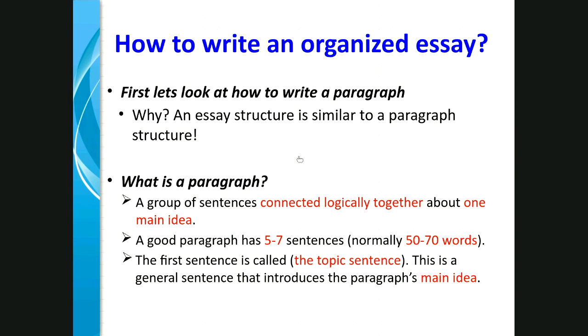So it just goes in a linear order of thoughts that is connected together about one point, or about one main idea. A good paragraph has about 5 to 7 sentences, and this is normally between 50 to 70 words, and it could go sometimes up to 90 words. So this is the standard paragraph size.